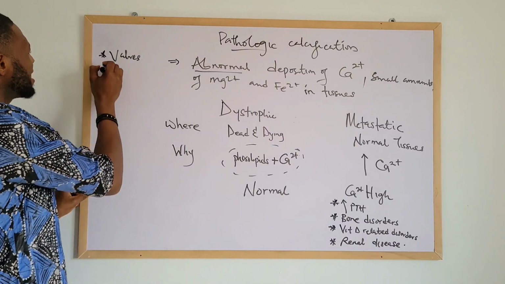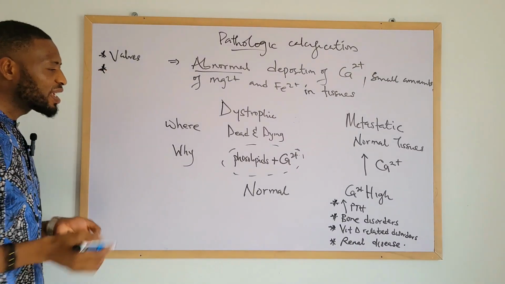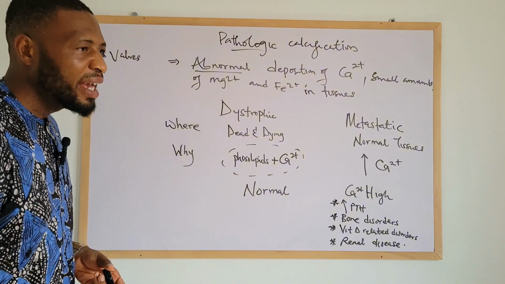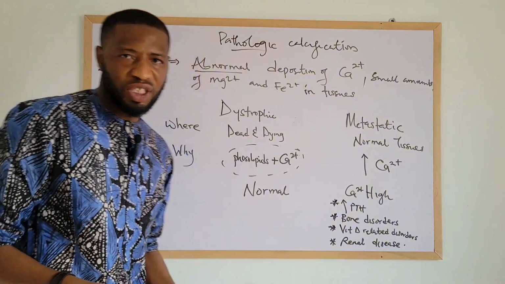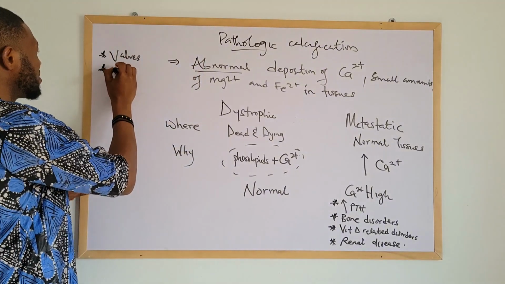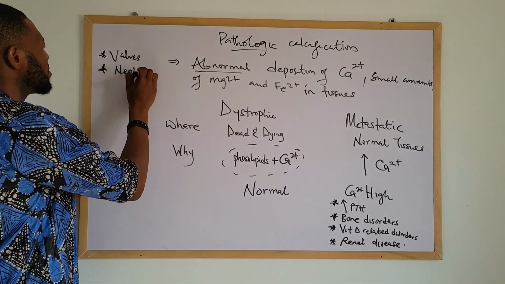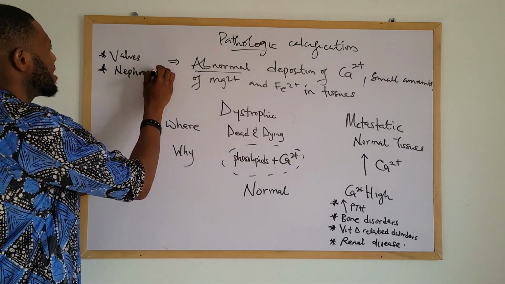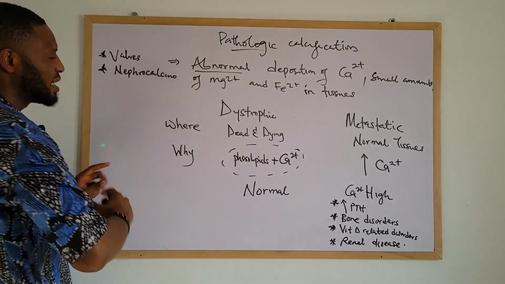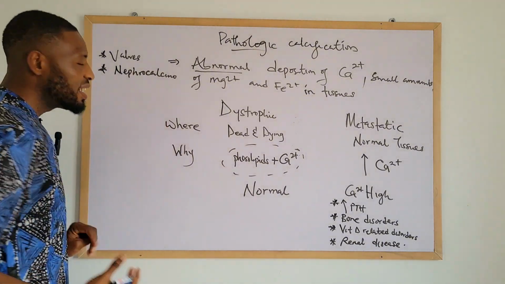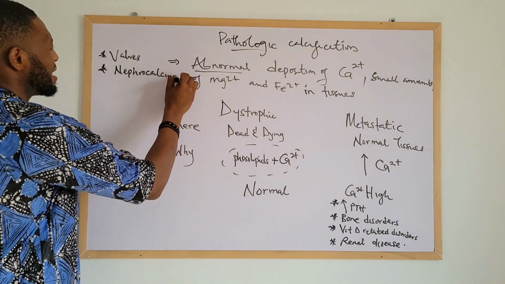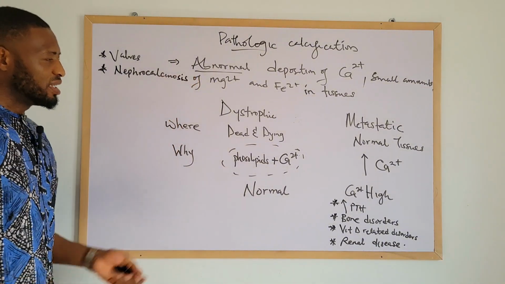Sometimes the calcification may be so significant that they can even impair function of those tissues. For example, in nephrocalcinosis, where there's calcification within the renal parenchyma, that can lead to renal dysfunction.